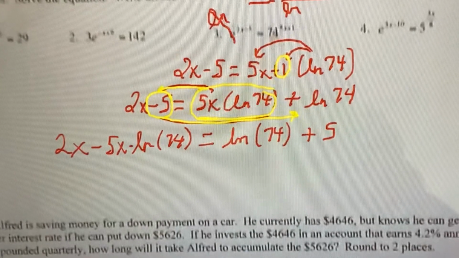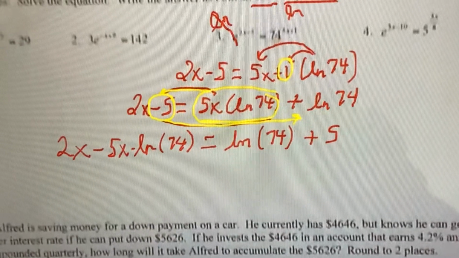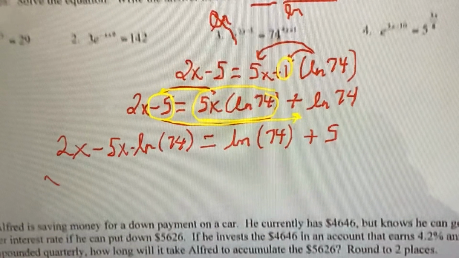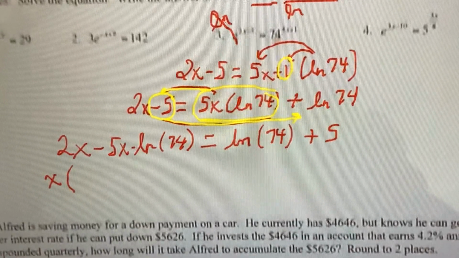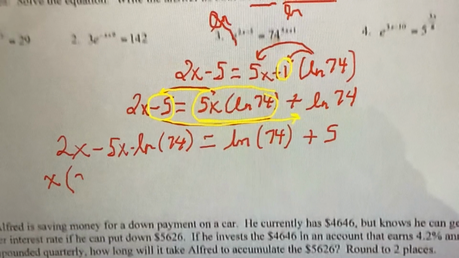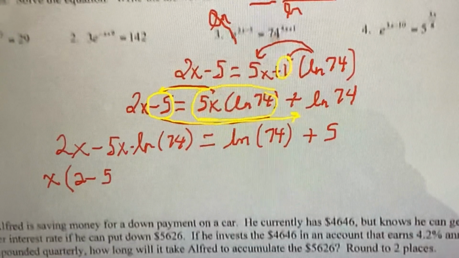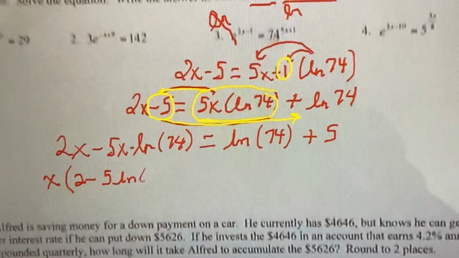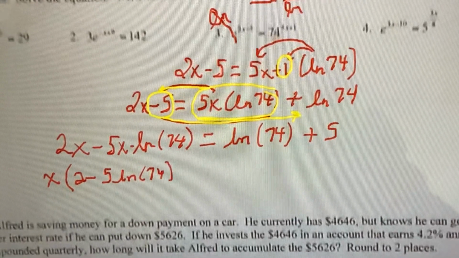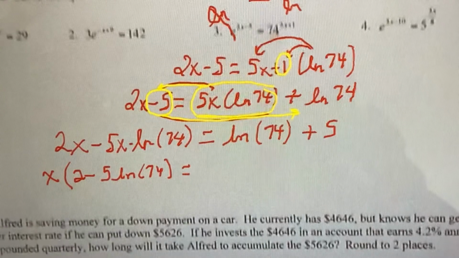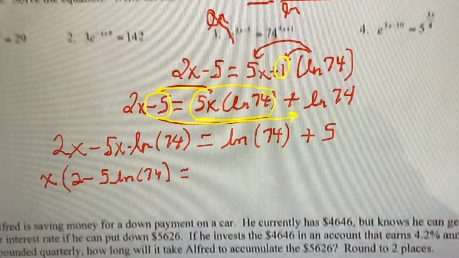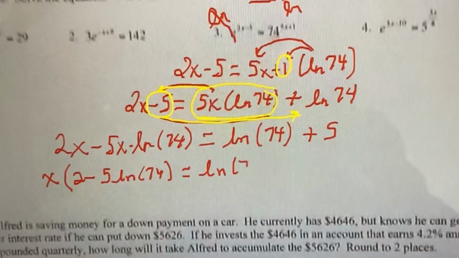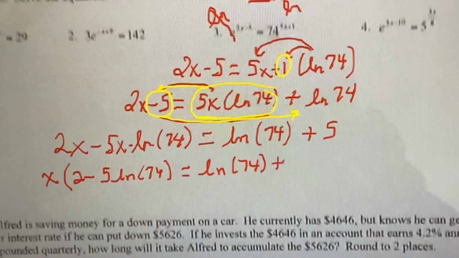And then I'm just going to continue on. Both of the terms on the left have an x, so I'm going to factor out an x. And I'm going to get 2 minus 5 natural log 74 equals, and I'm going to keep this, I'm not going to write this as a decimal or anything, natural log 74 plus 5.